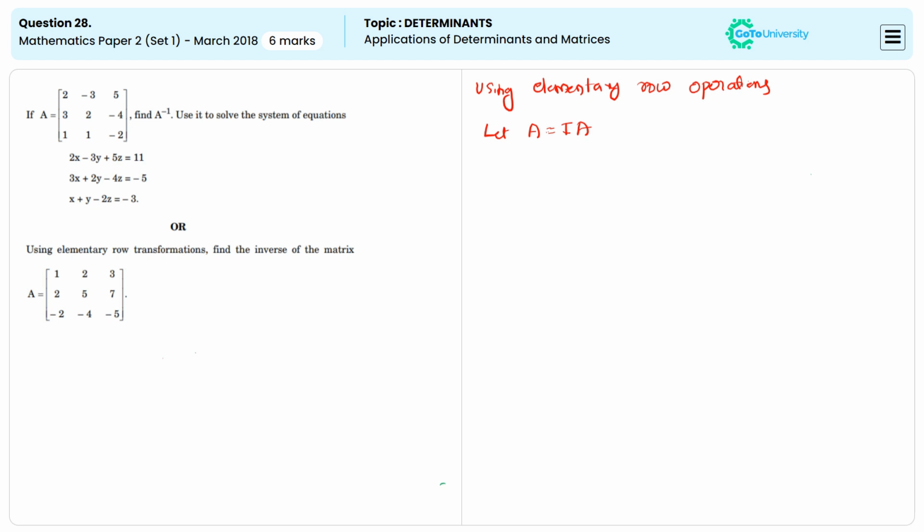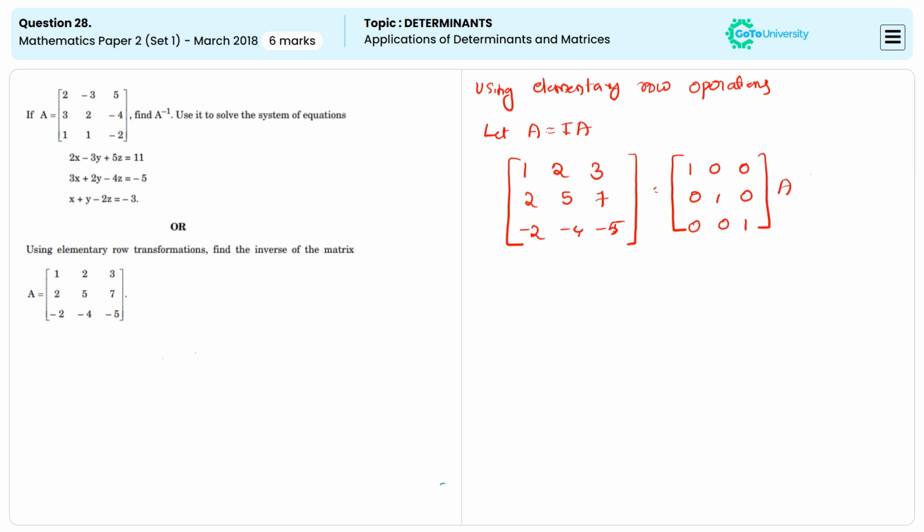Then the given matrix A can be written as 1, 2, 3, 2, 5, 7, minus 2, minus 4, minus 5. Yes, this is the 3x3 matrix, which is equal to the identity matrix of order 3x3, 1, 0, 0, 0, 1, 0, and 0, 0, 1 into A.